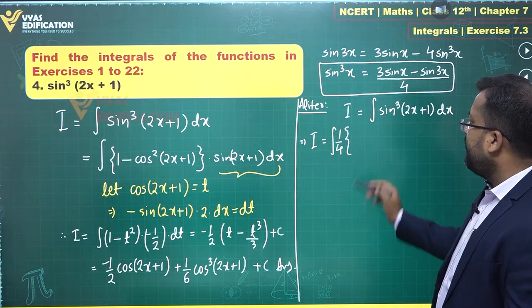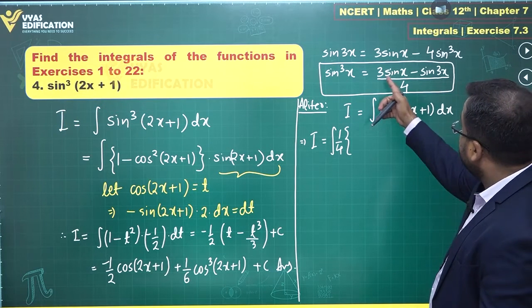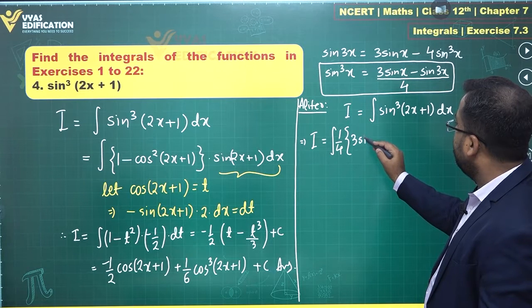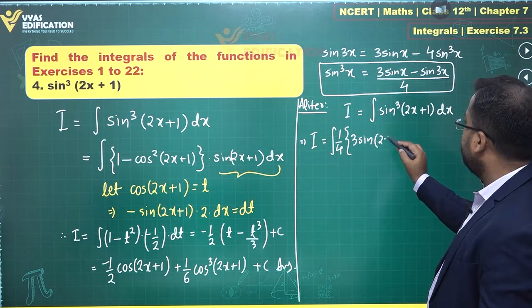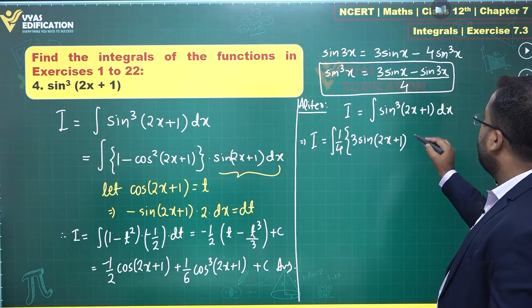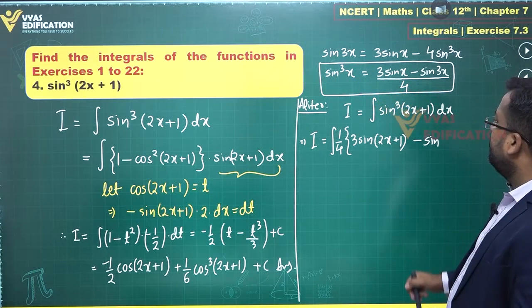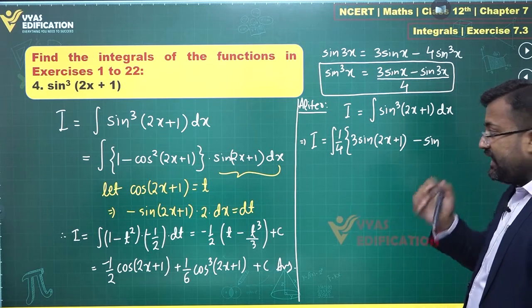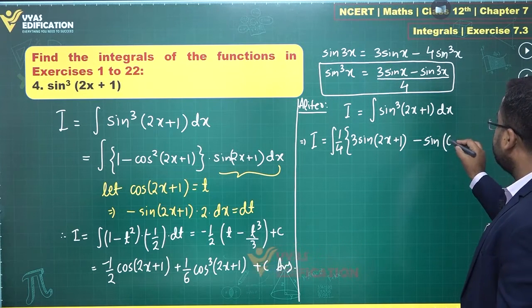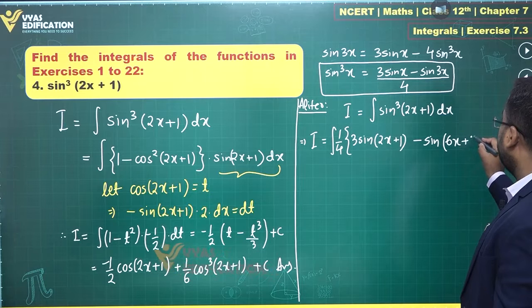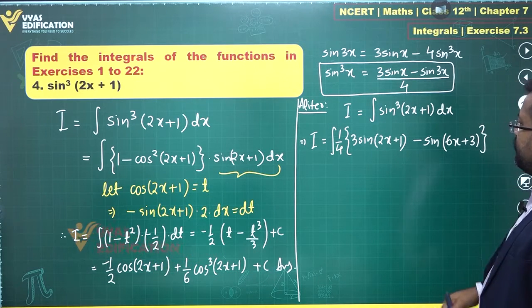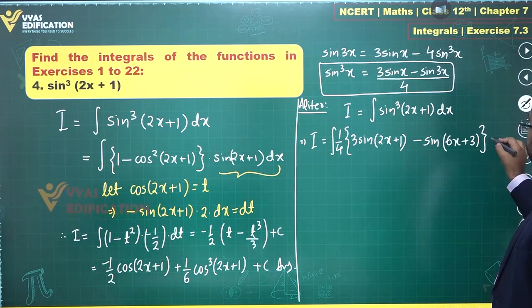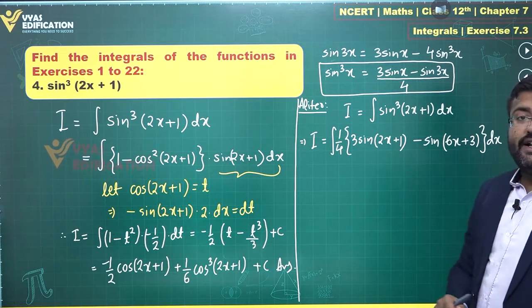And in the bracket you will have 3 times sine of 2x plus 1 over here, minus sine of 3x, which is 3 times this angle. What is that? 3 times 2 is 6, so 6x plus 3. This is what I get. Curly brackets closed. These are the two terms with respect to x we want to integrate.